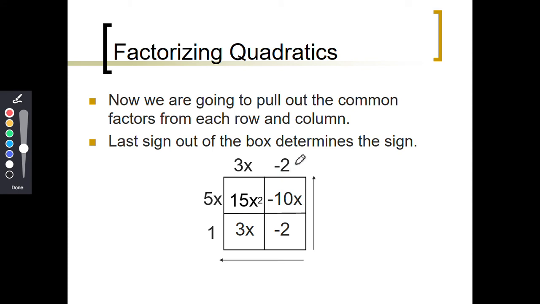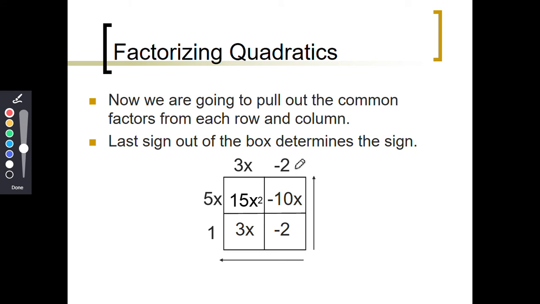And notice that we don't have an x here. The reason for that is x is not common to these two terms. We want the greatest common factor, and x is not common to these two terms right here. Only negative 10 has an x, so we cannot write x here.